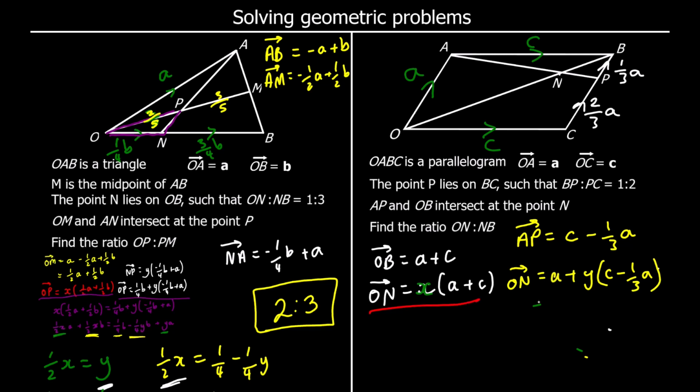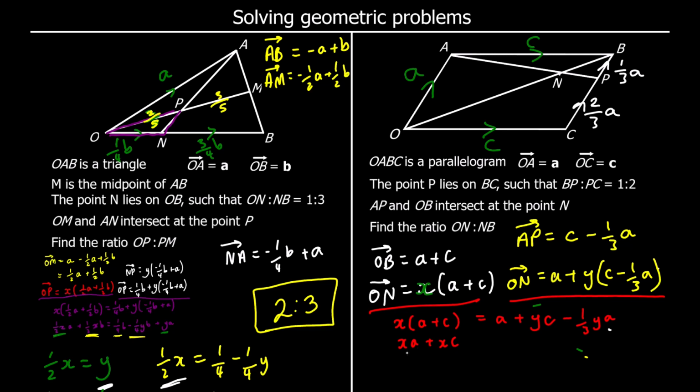So I've got O to N twice by two different routes, and because they both go from O to N, they must be equal. So x times (a plus c) must be equal to a plus y times (c minus 1/3 a). That's xa plus xc.